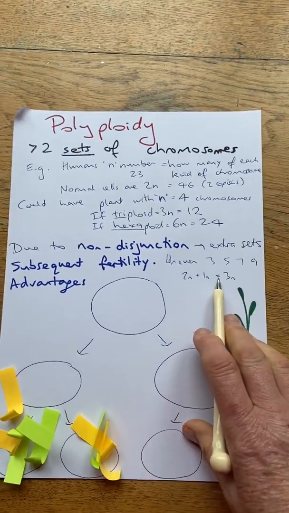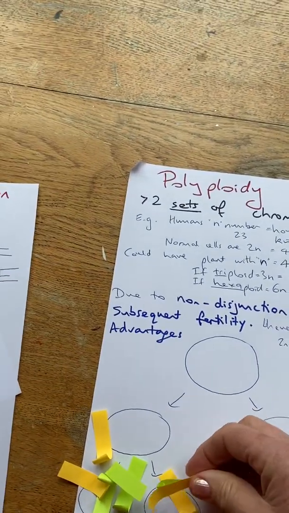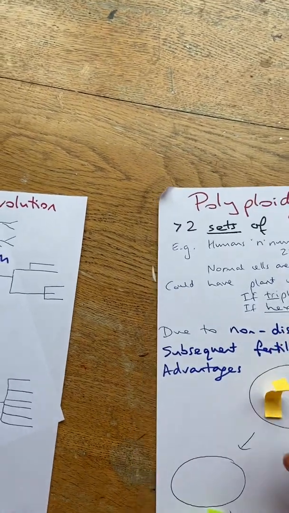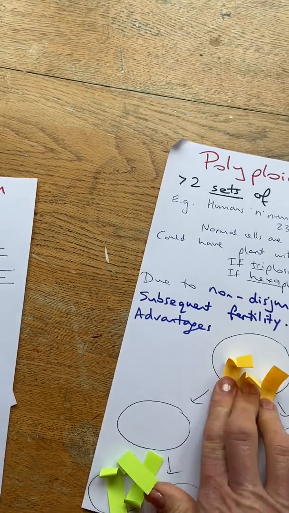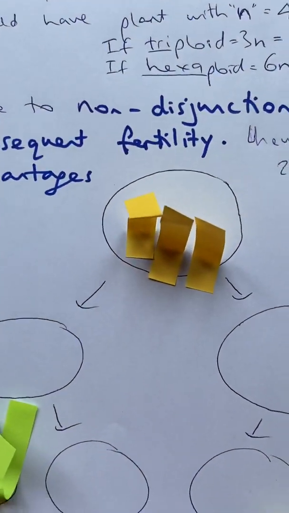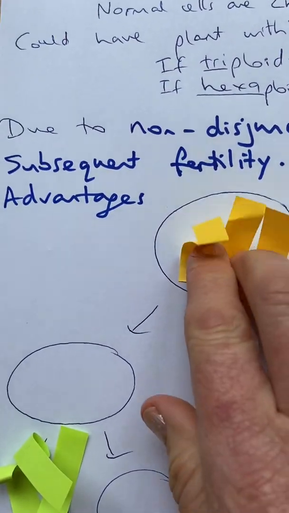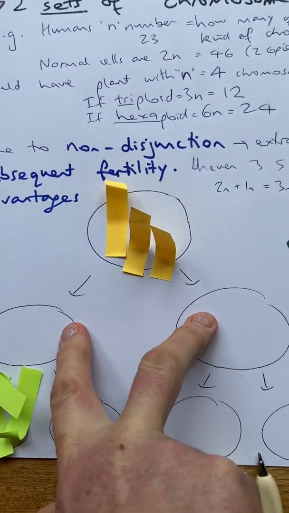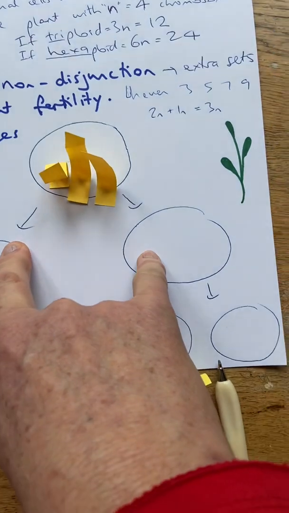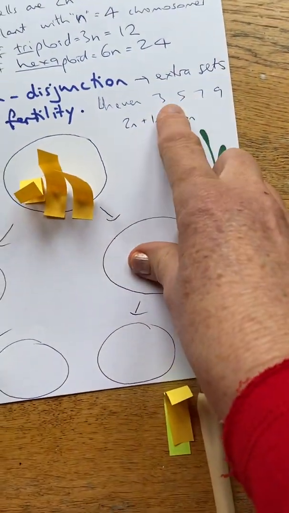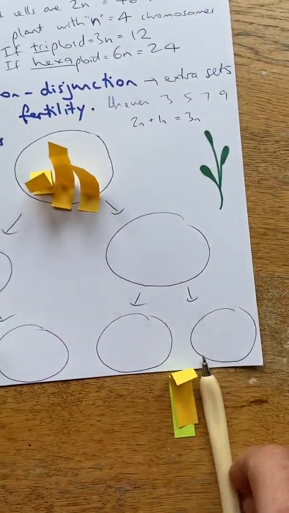That 3 can't split into 1.5, if that makes sense. So here we'll say that this is my 3. I'm a 3N, a triploid individual. When I go to do meiosis, I can't split that evenly into my 2 cells. I can't really do 1.5 chromosomes, and so that's why they're infertile. Any uneven numbered individual will be infertile.